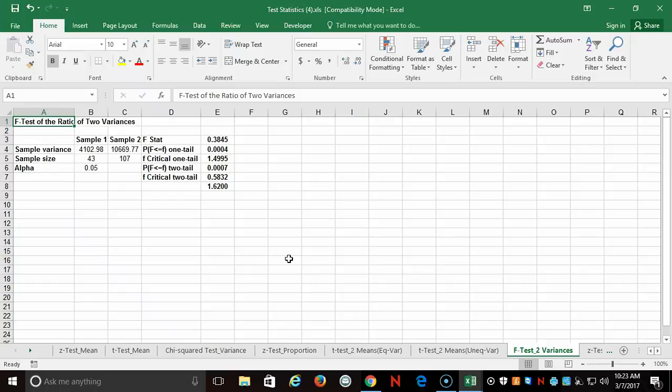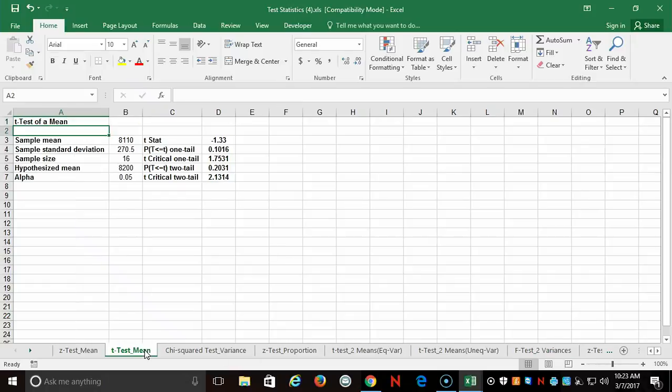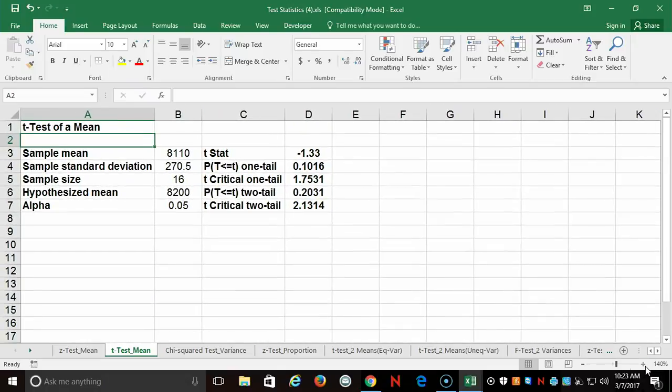T-test mean. T-test mean requires the following things: the sample mean, the sample standard deviation, the sample size, the hypothesized mean, and alpha. I already know the hypothesized mean is 85. I'll leave my alpha at 0.05.